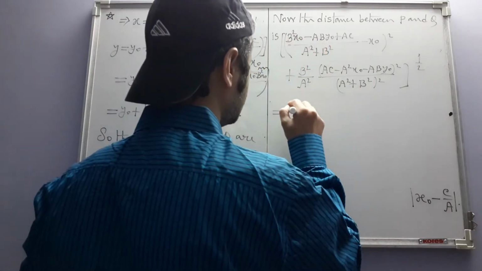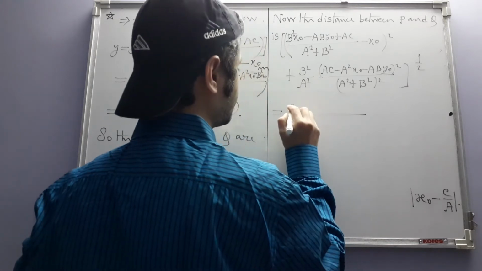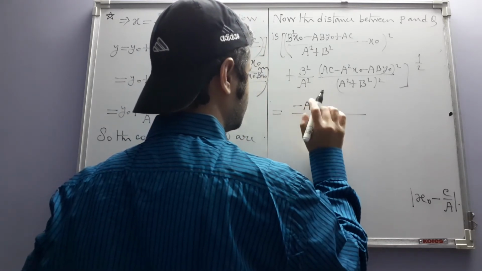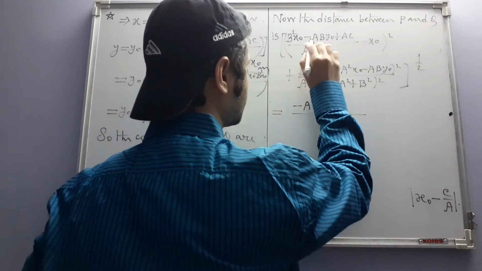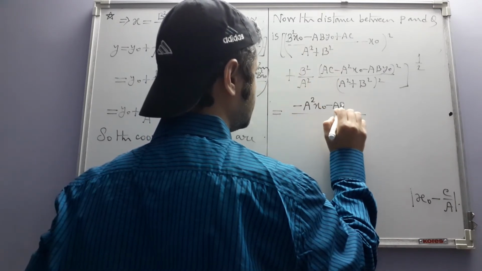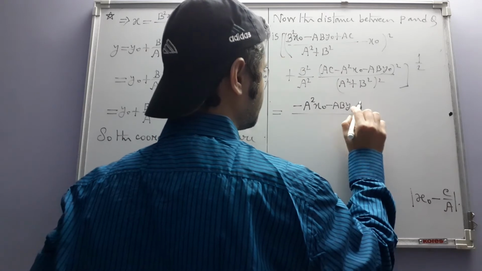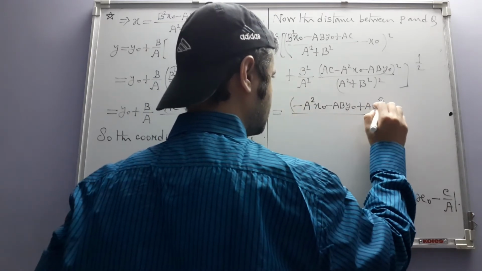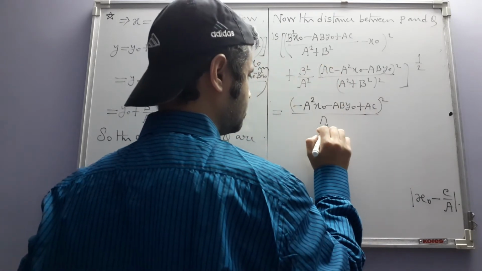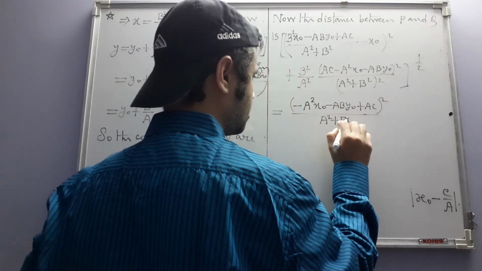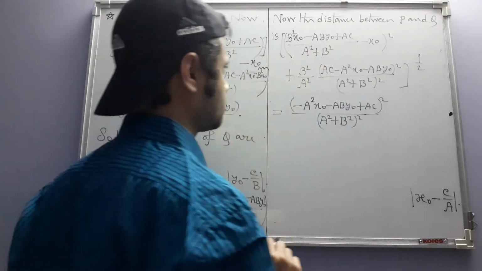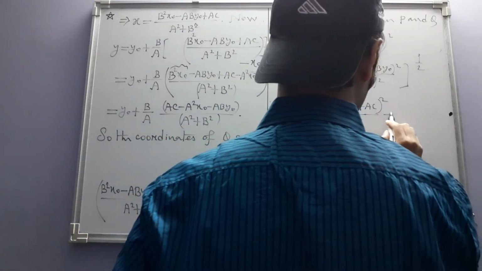So here we will have minus a square x naught minus a b y naught plus a c, squared, divided by a square plus b square whole squared. So this is the first square, and the second square of course is this.